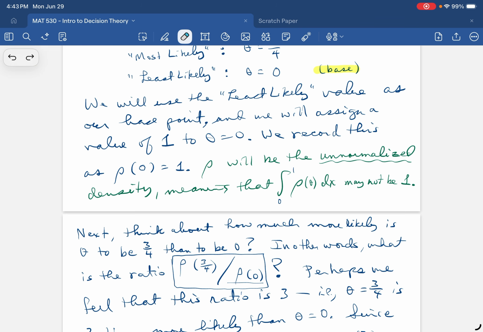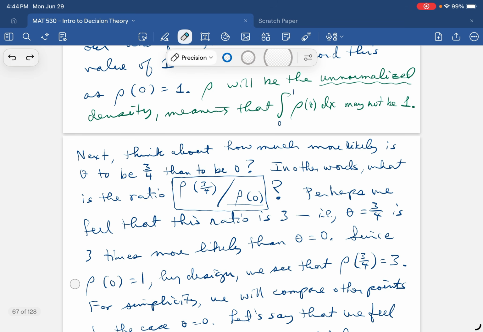How much more likely would we suspect that theta is 3/4 than theta equals 0? In other words, what would this ratio be? Let's say we decide that ratio is 3. The value 3/4 is 3 times more likely than the value 0.